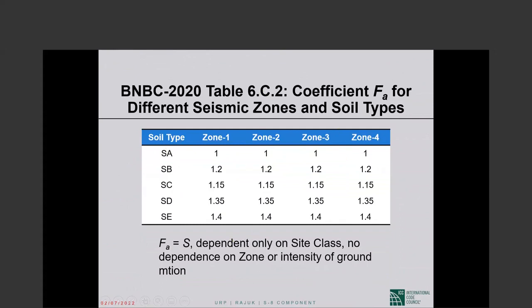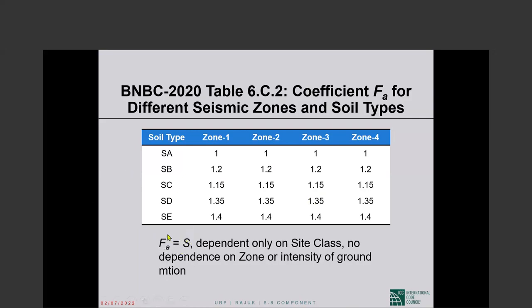Some things are kind of interesting here. The values depend only on the site class, not on the intensity of ground motion. For all four zones, we have the same values: 1, 1.21, and 1.15, 1.35, 1.4. These short period site coefficients are called the soil factor S in BNBC 2020.